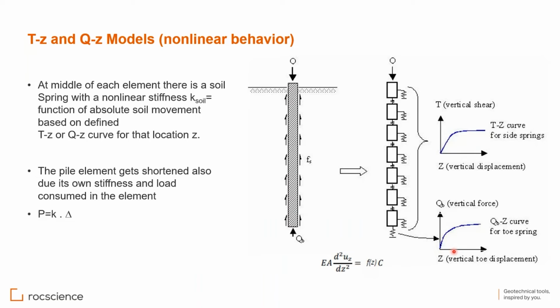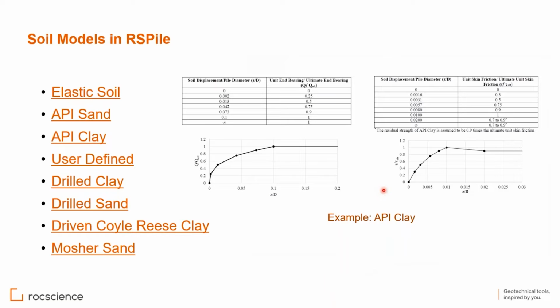The theoretical basis of RSPile. For the axial analysis, we have the T-Z curves, which represent the soil spring models for the side of the pile. From this we get the skin friction, and we have the base spring model that is called the Q-Z curves, and we solve this equation. These curves, whether the T-Z or the Q-Z, are built into RSPile.